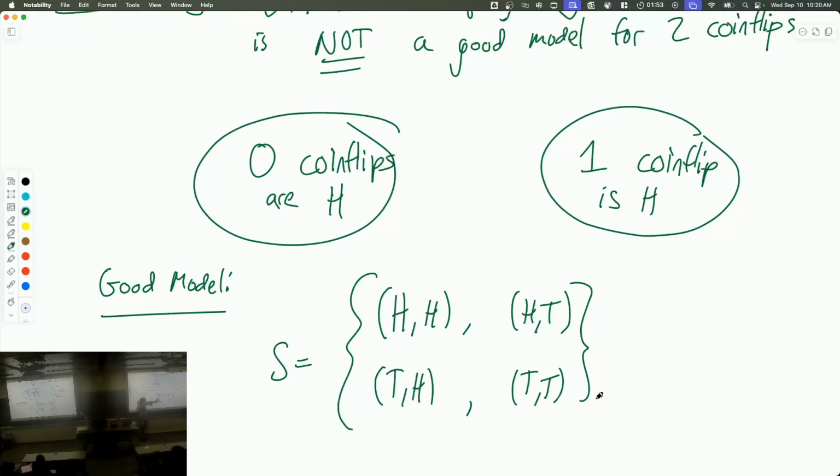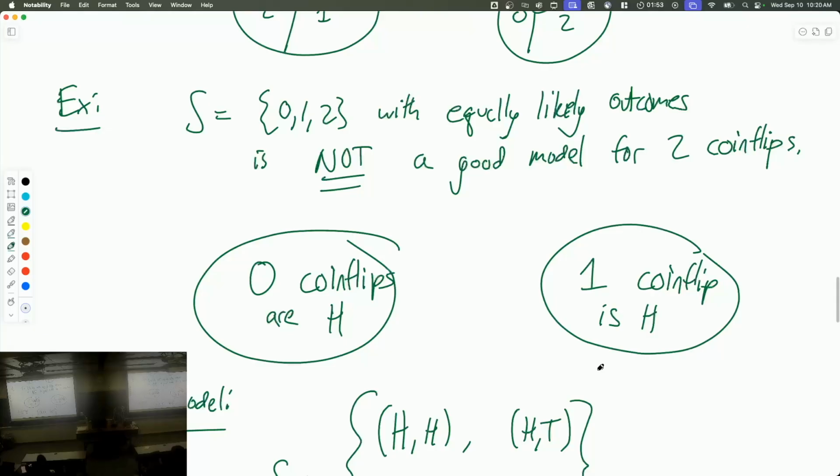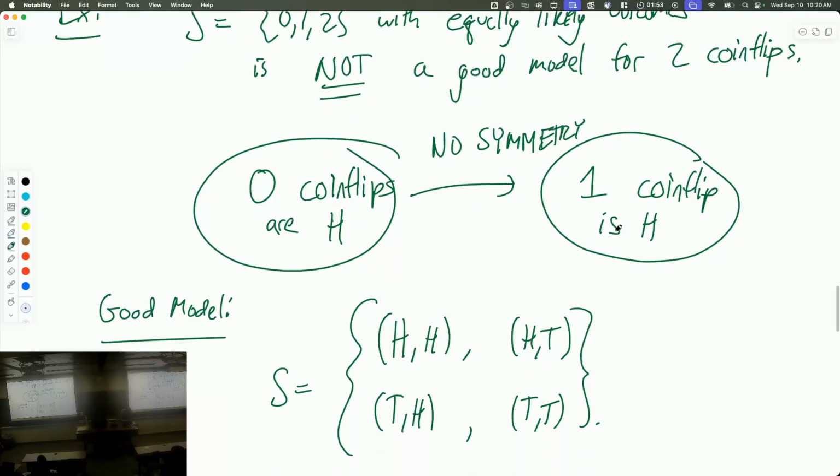Then instead of being a heads, it would be a tails. So on any individual coin, there is a symmetry between heads and tails, and that's why our probability space should include all the possible things. Whereas there is no symmetry over here, and that is why this is a bad model. No symmetry. This one has yes symmetry.